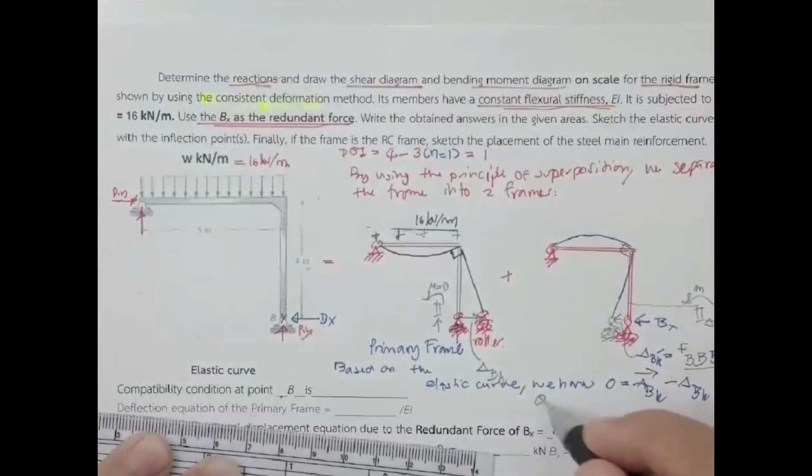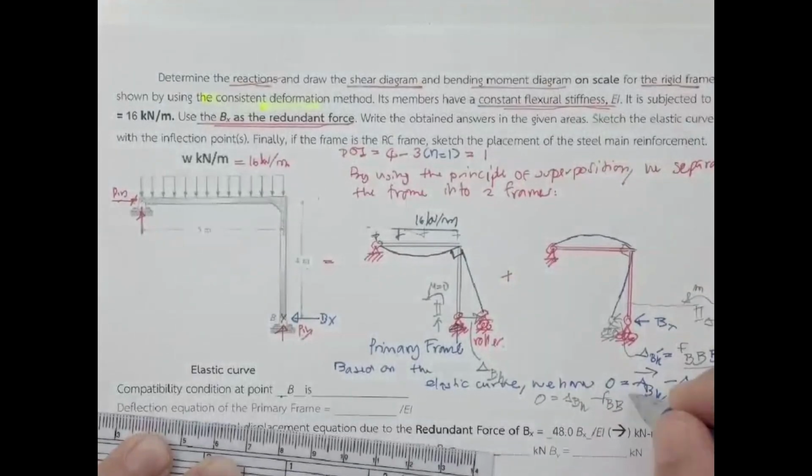So 0 equals delta sub BH minus F sub BB times B sub X.